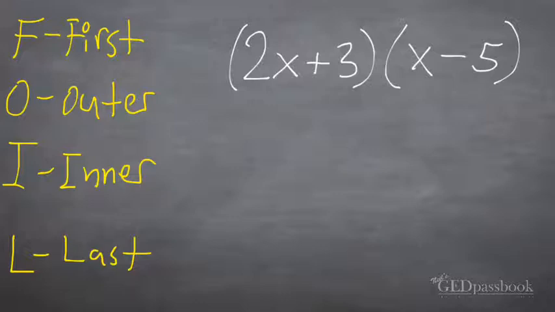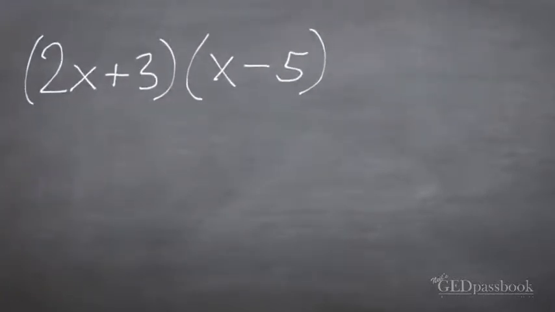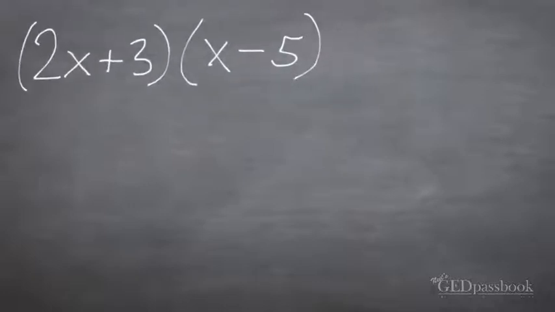So why is that an acronym? Why is it called FOIL? Well, that's just an acronym used to help you to remember what you have to multiply to what. So this is what we're going to do. Make sure you write down what FOIL means, because I'm about to hide it right now so I can make space. First, outer, inner, last. FOIL. So this is what we're going to do.